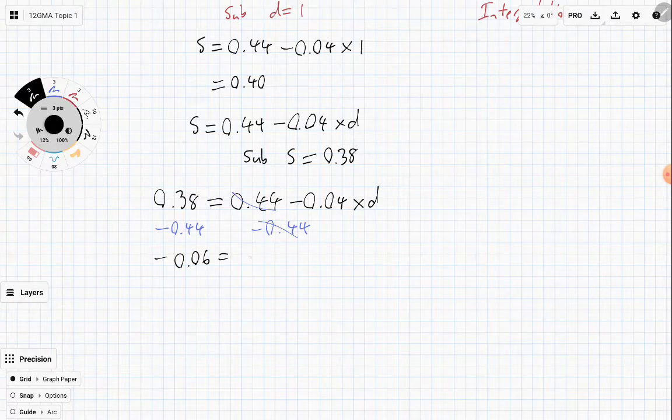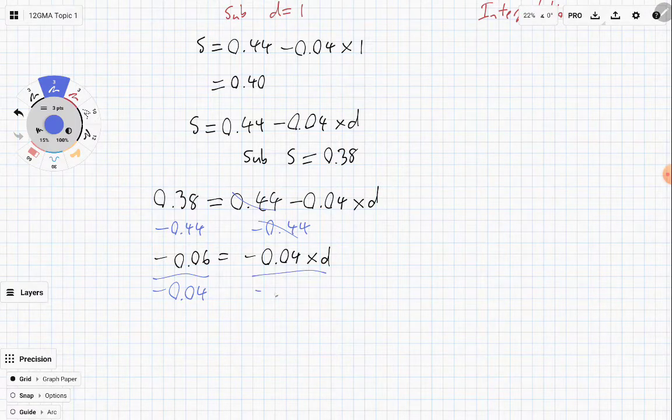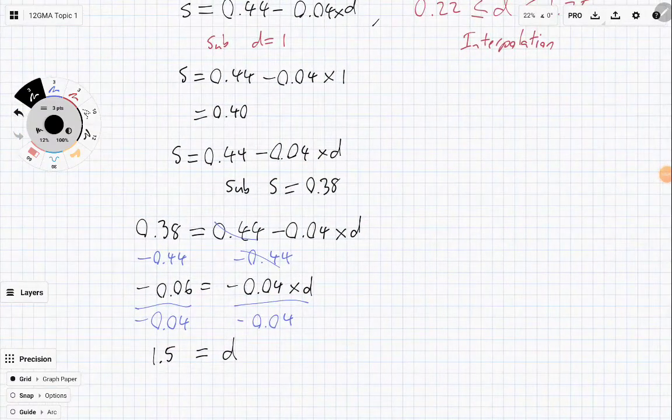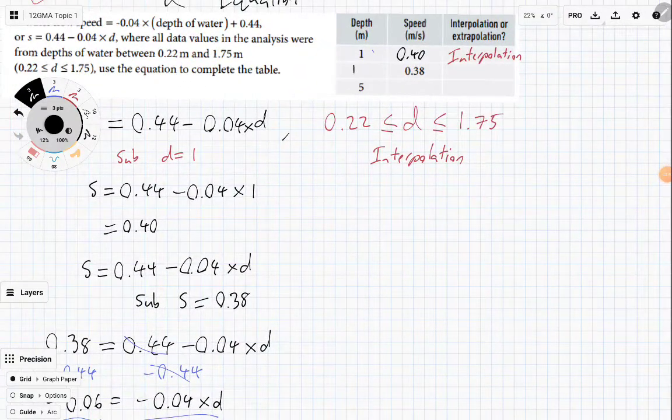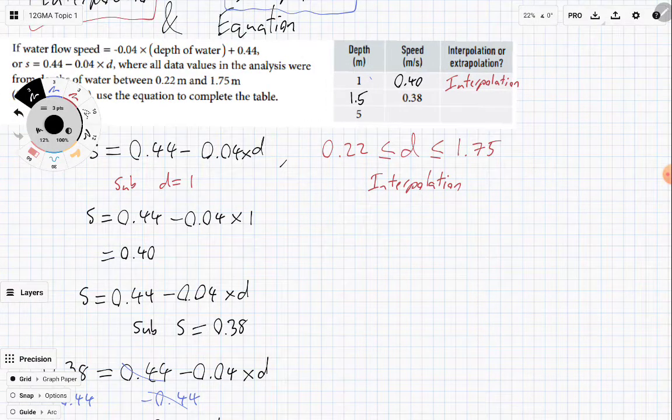On the right-hand side, we've got negative 0.04 times D. Opposite of times is divide, so we're going to divide both sides by negative 0.04. And that's going to give us, I think it's about 1.5. I'm just going to double check that. It is indeed. So that depth, 1.5, goes up in the table. And 1.5 is once again within this range here. So once again, we're dealing with interpolation.